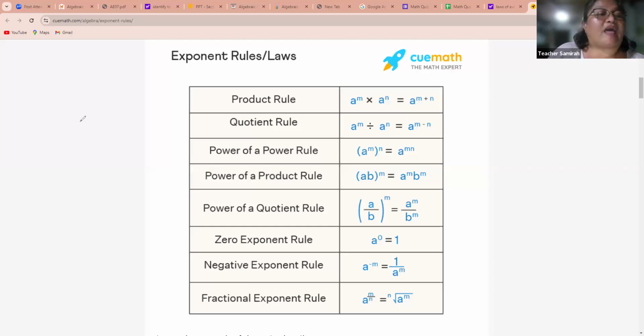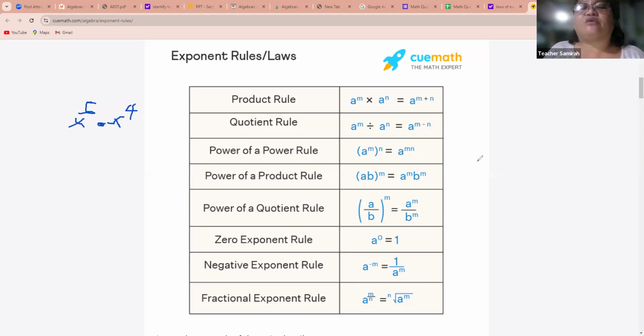So x raised to the power of 5 times, take note, I can also write times as a small dot, or as a small circle like this, and then x raised to the power of 5 times x raised to the power of 4. What would it give us?